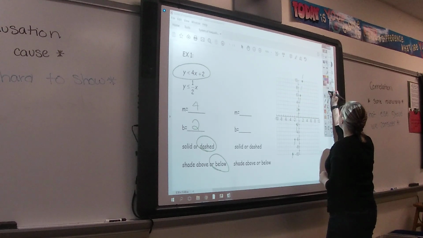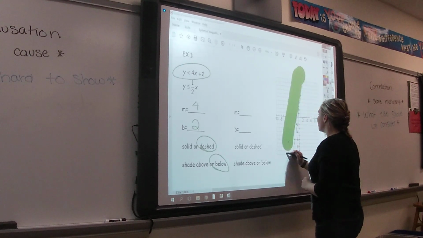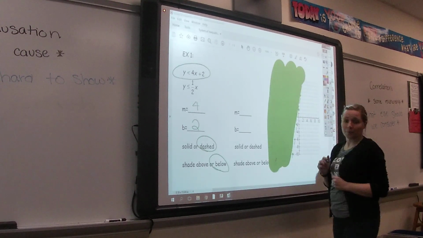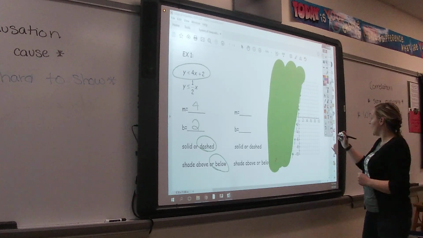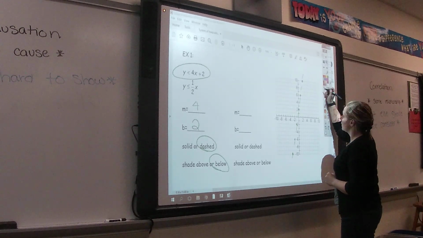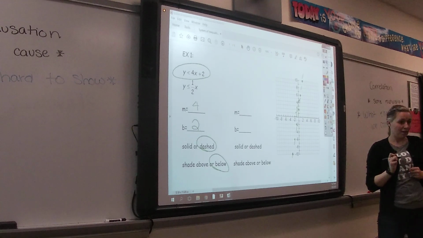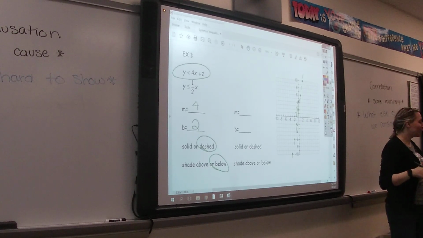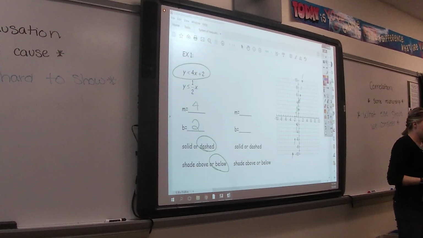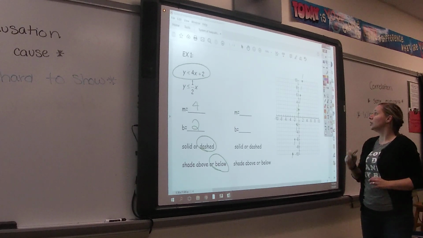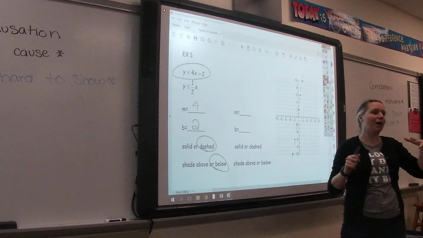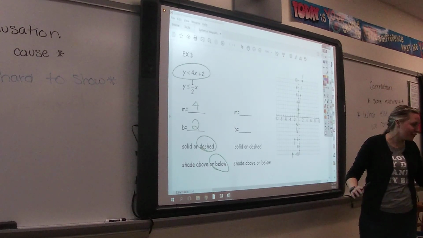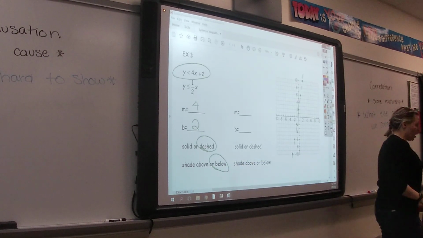So we don't want to do any of this. This is too dark, right? And we don't want to do any of this, because then when we put other stuff on, we won't get a clear enough picture. Does that make sense? Remember how we were talking about that? Okay, so if we look at this specific one, in this specific case, we're going to shade below.